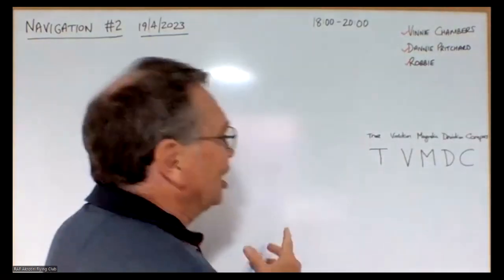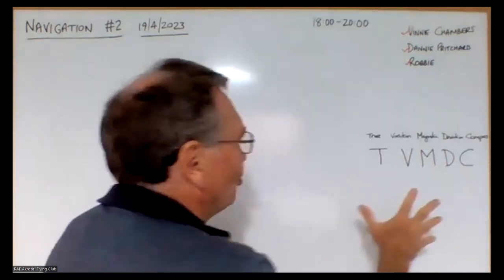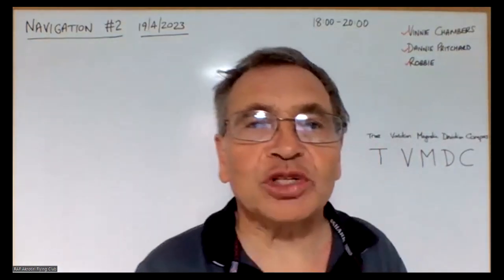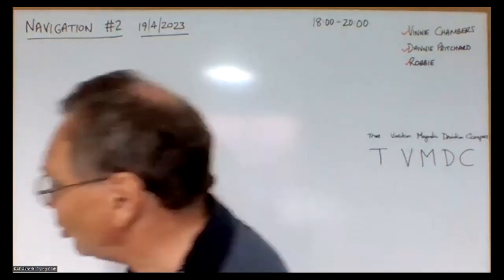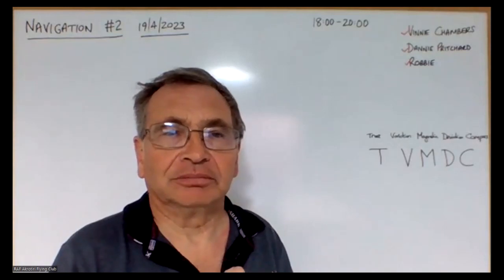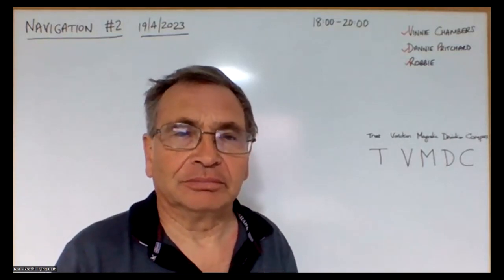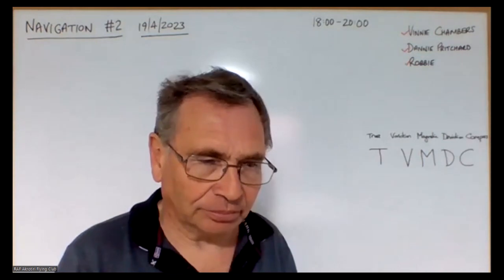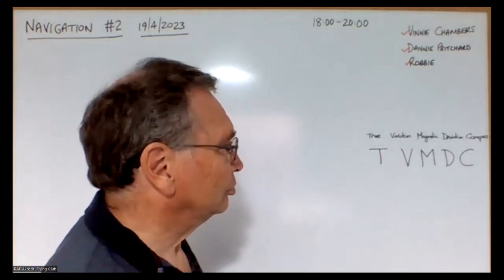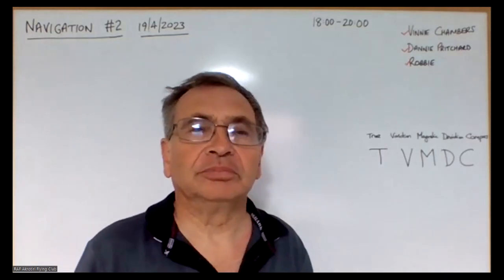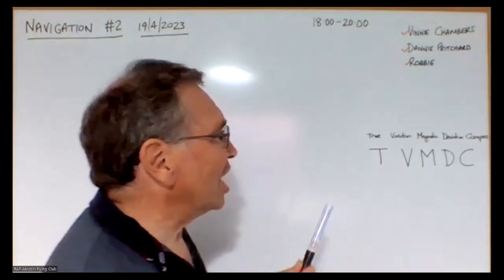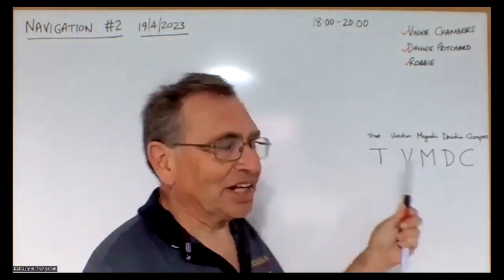So let's think about this. Variation is caused by what, Robbie? What causes variation? The difference between magnetic north moving over time and it changing from true north. So the variation is the difference between true and magnetic.